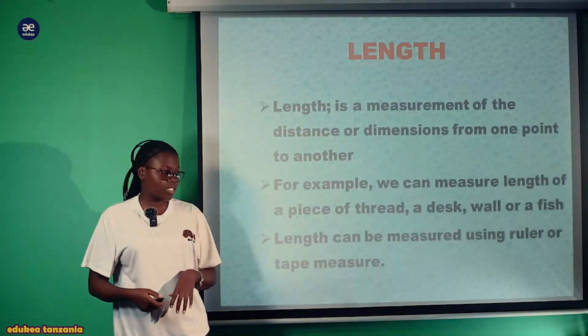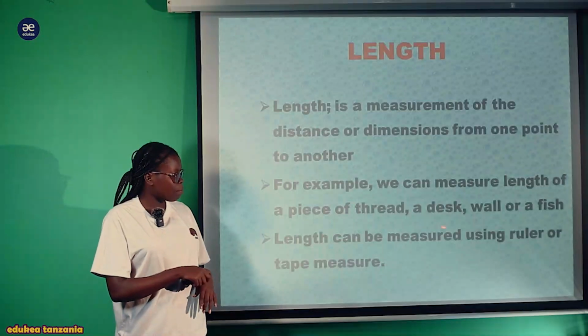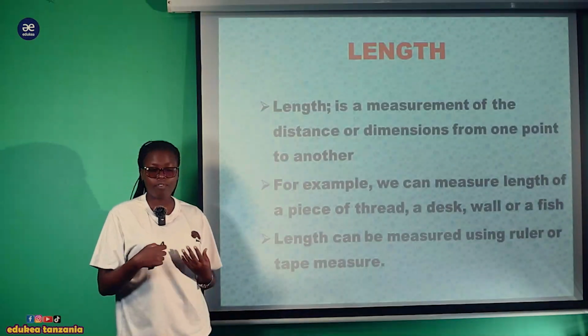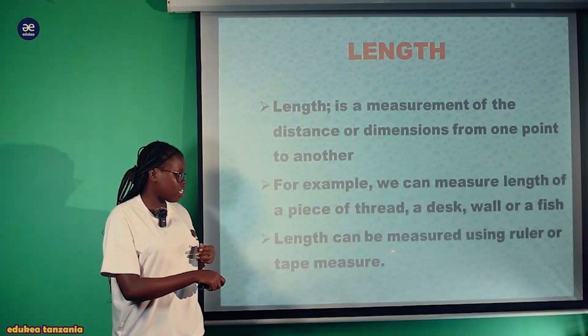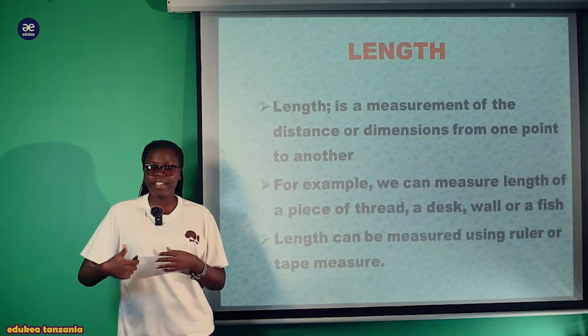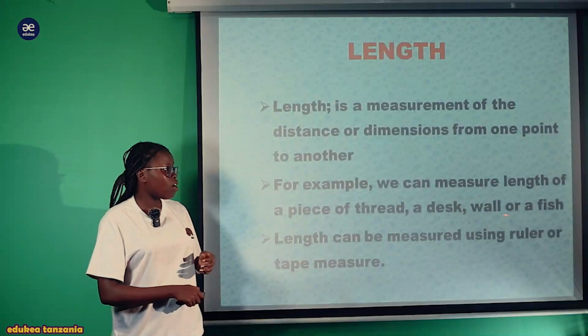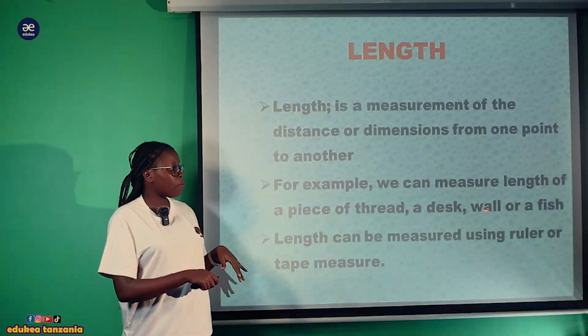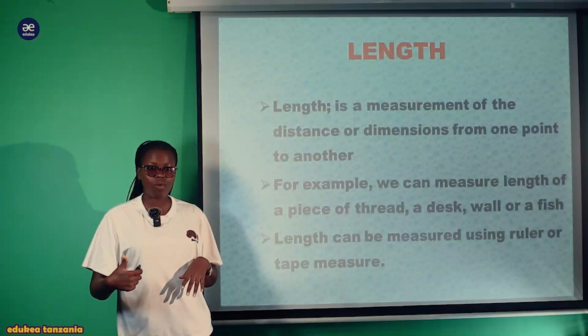Kwa mfano wale mafundi ujenzi mara nyingi wanatumia a tape measure kupima urefu wa ukuta wakati wanapojenga. Ruler kwa mfano kama una ruler, unapima urefu wa deski, unaweza kutumia ruler. Hata maabara ukienda kuna ruler zinatumika katika kupima urefu wa vitu mbalimbali.